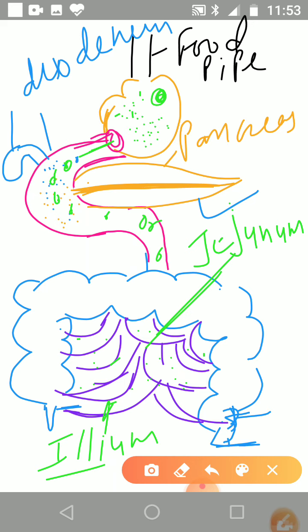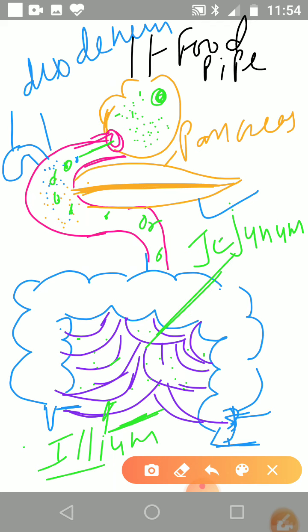Now the leftover enters the ileum part of the small intestine. Its wall secretes juices called succus entericus, and with the help of that intestinal juice the remaining food gets completely digested. No more digestion is needed after that.